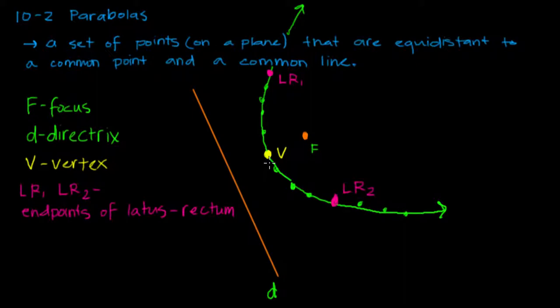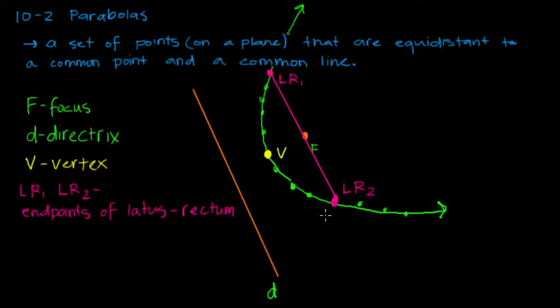The definition of the lattice rectum is that it is a segment that starts and ends on the parabola, but also goes through the focus. So we're not going to draw the lattice rectum, but if you were to draw it, it would be this pink segment right here that starts on the parabola, ends on the parabola, and goes through the focus.